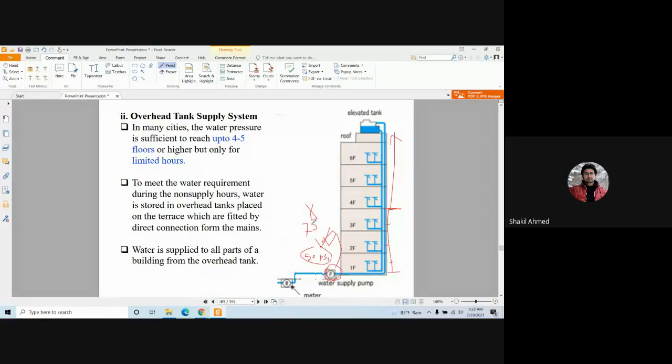Now with this elevated pressure, you can lift the water to the rooftop tank. You can construct or introduce a rooftop tank, and then by gravity flow you can supply the water. The water will directly flow.